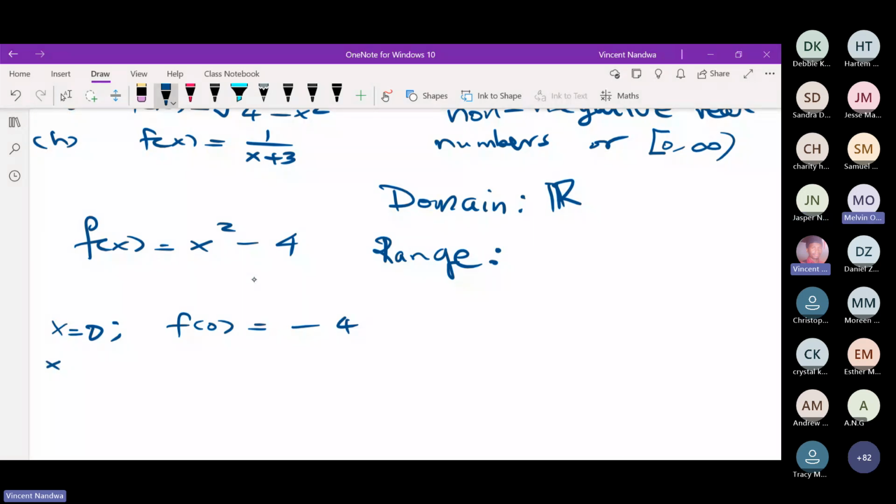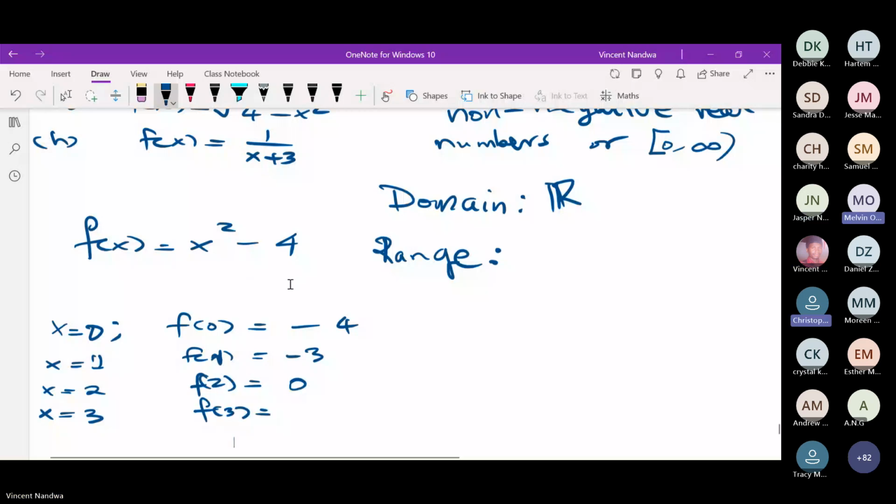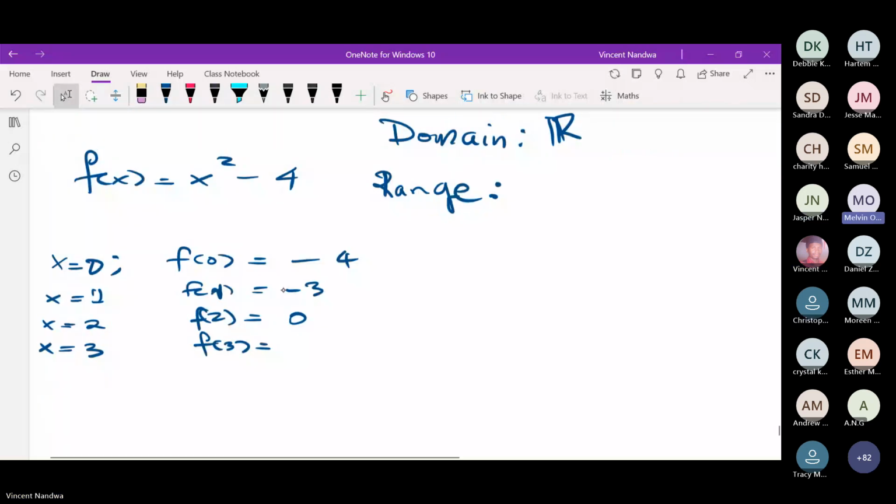When x is 1, f of x will be? -3. When x equals 2, f of 2 will be? 0. When x is 3, what is f of 3? 5. Positive 5.